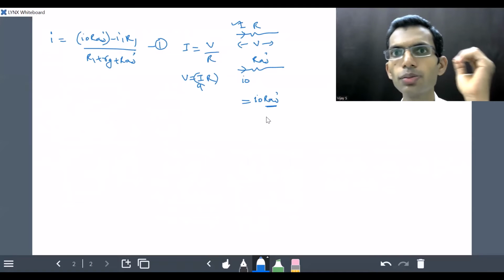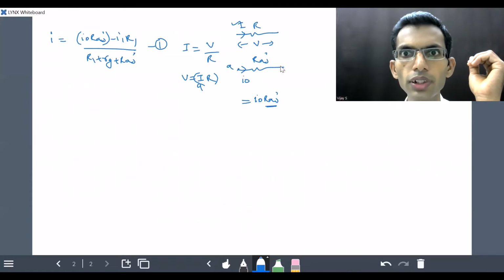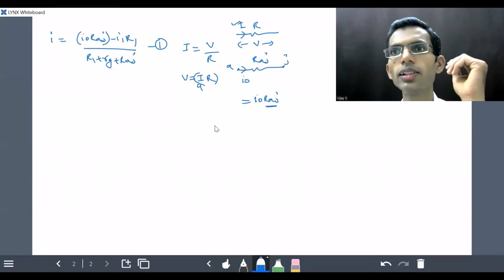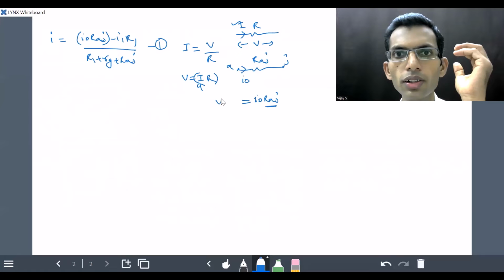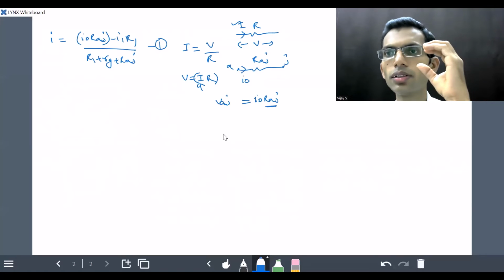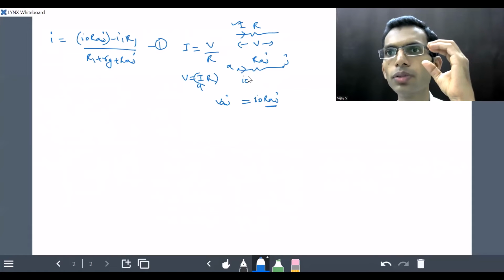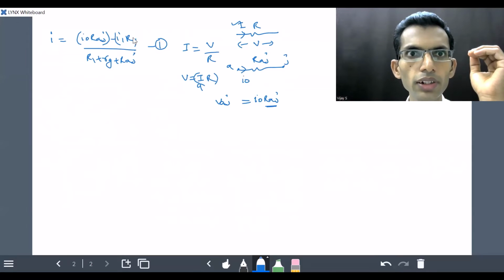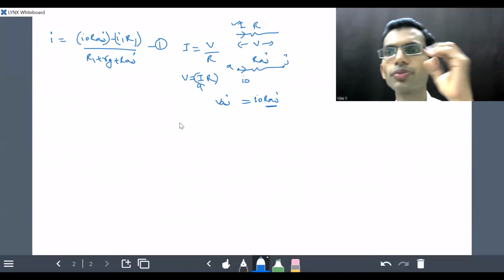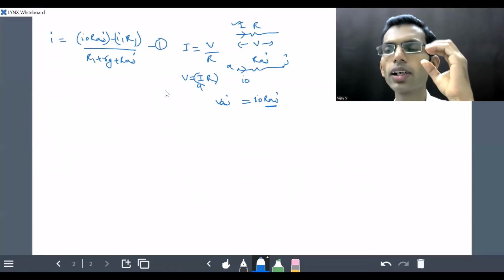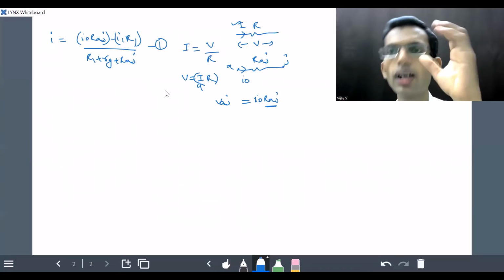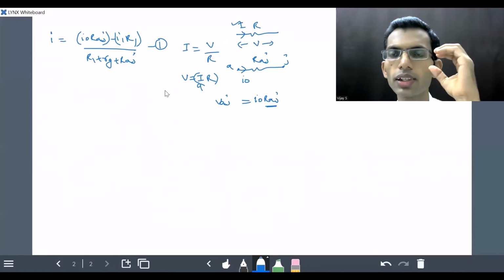Here RAJ is present between junction A and the moving contact position J. The potential difference across RAJ is going to be VAJ, between A and J. Clear? We can also apply Ohm's law to I1R1. I1R1 represents the potential difference across R1.